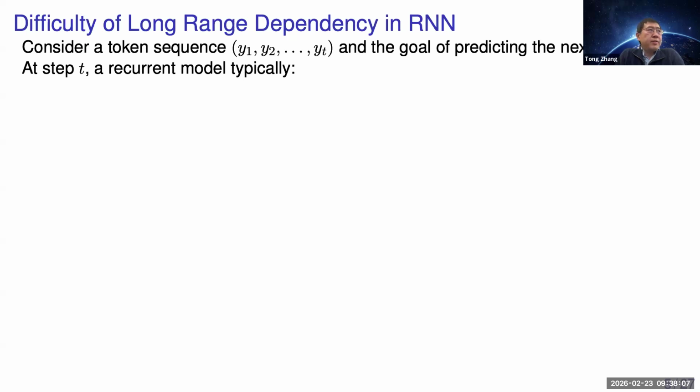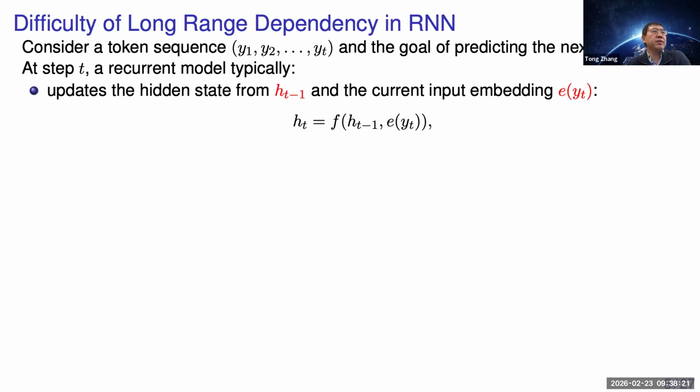Mathematically, when we have a token sequence, the goal is to predict the next token, y_{t+1}, from y_1 to y_t. We always do this through a hidden state, which we update.